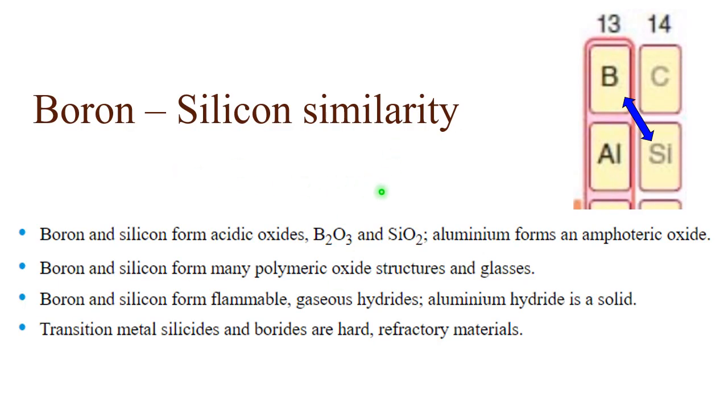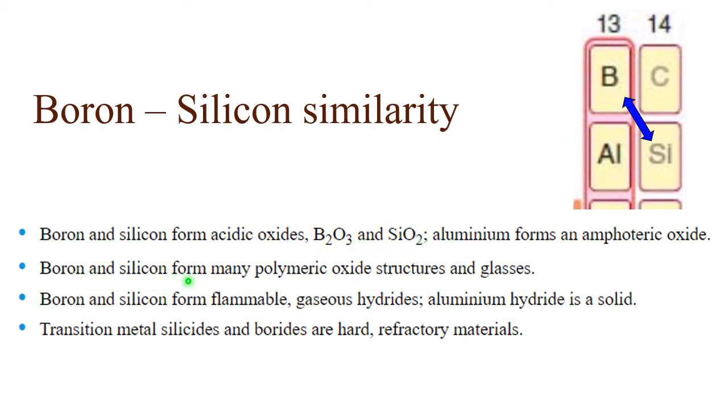At the end, I want to attract your attention to the boron-silicon similarity. We often see this similarity on the diagonal between the second and third period of the periodic table. Boron and silicon both form acidic oxides, B2O3 and SiO2, and they are oxides of very weak acids.